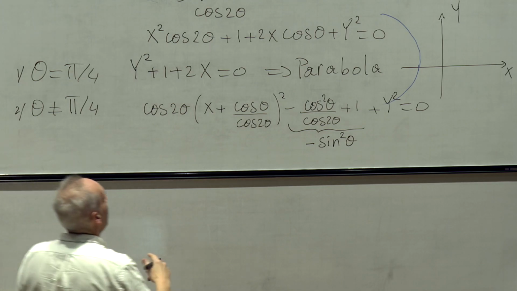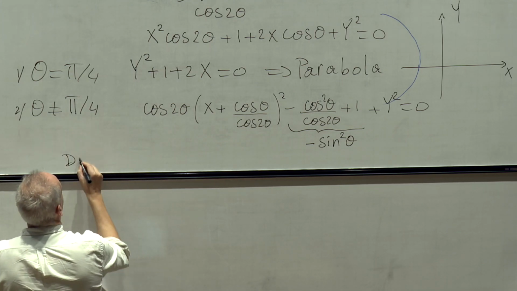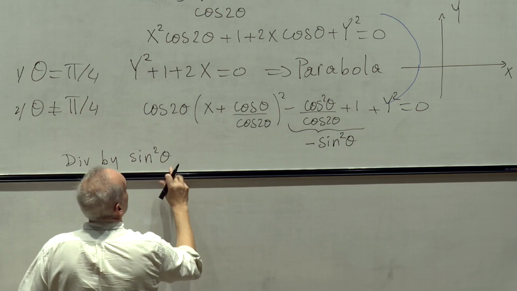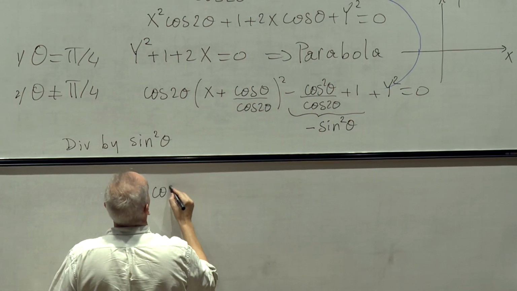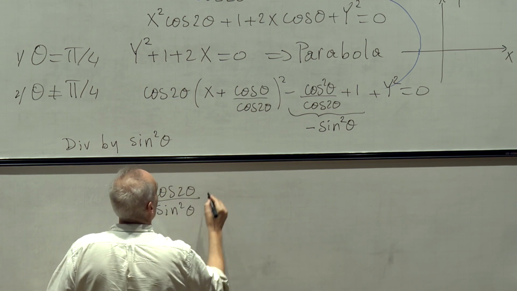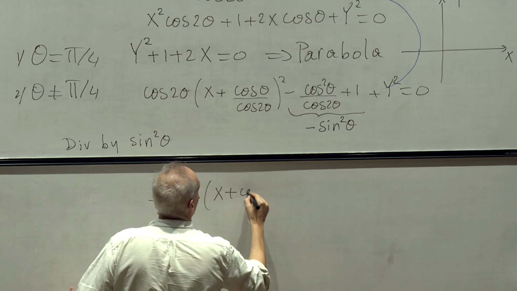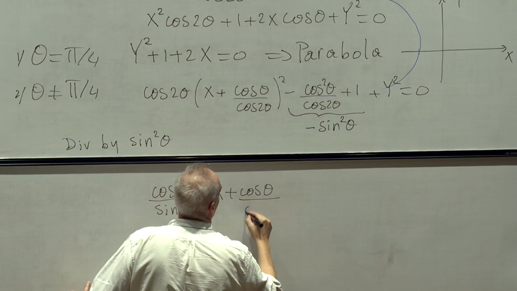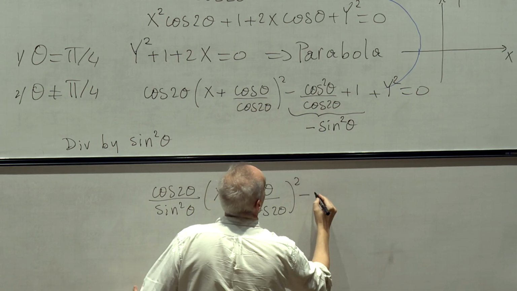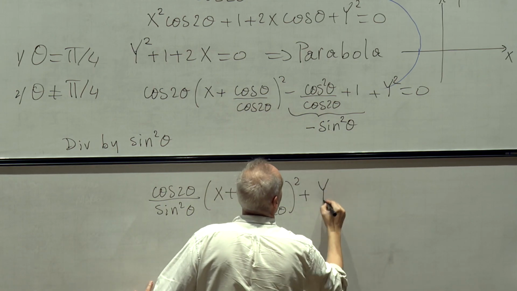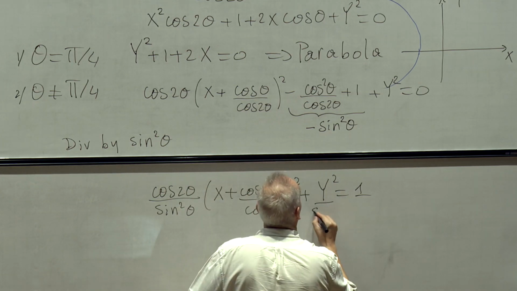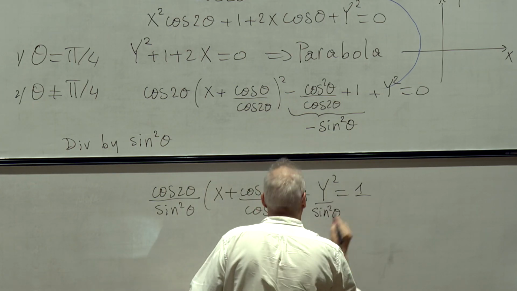So I divide everything by sine square theta to obtain cos 2 theta over sine square theta times x plus cos square theta over sine square theta, plus y square equals 1.